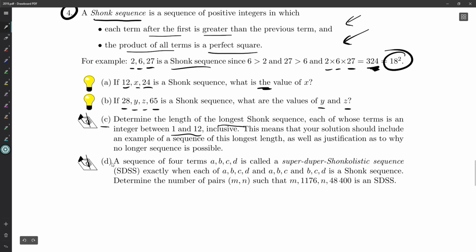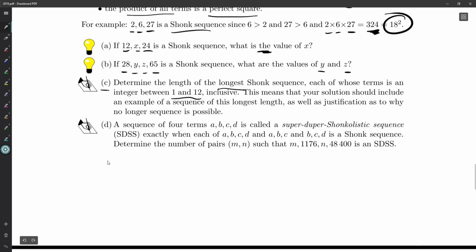What have we got here? A sequence of 4 terms, A, B, C, D, is called a super-duper shonkolistic sequence. I'm sure they had fun making up these names. I don't think Shonk is somebody's last name. And I really suspect they're just having fun with words.